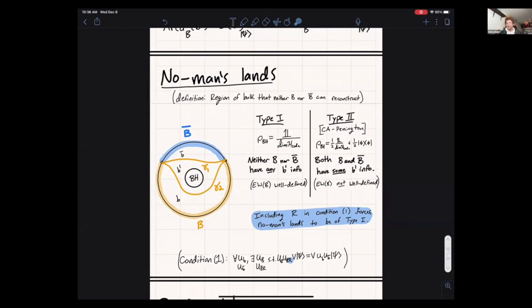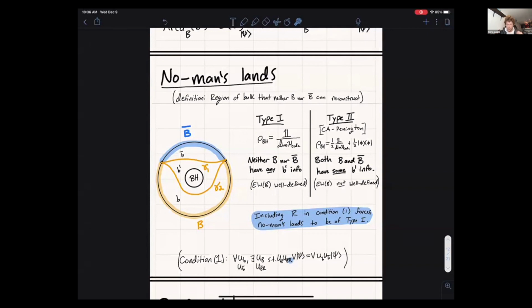In this case, you can say that neither B nor B bar have any information about B prime, so in particular, neither can reconstruct B prime. What's special about type 1 no man's lands is that the entanglement wedge of B is still well defined. You can still use the quantum minimal surface prescription in such a setup.